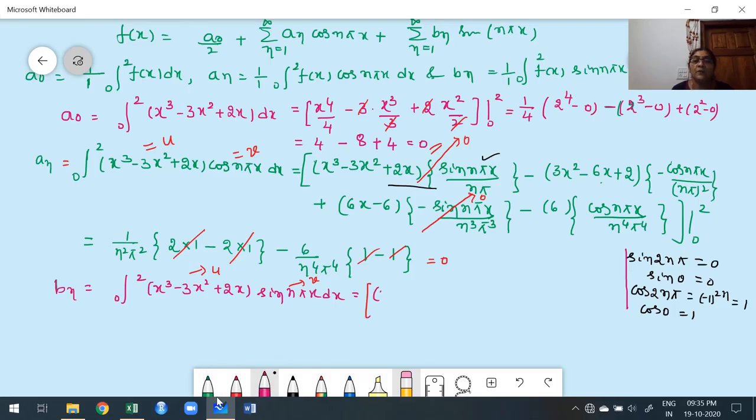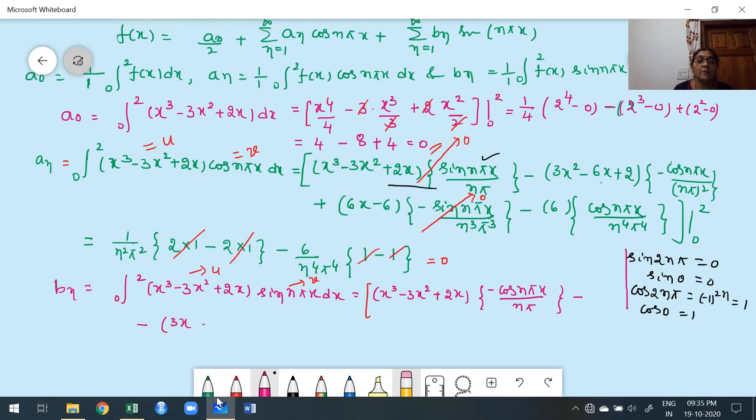The first function, x cube minus 3x square plus 2x into integration of sine. What is integration of sine? Minus cos of n pi x by the coefficient of x, which is n pi. Then minus first term plus second term is minus derivative of the first term.